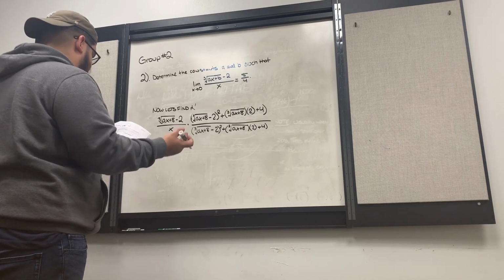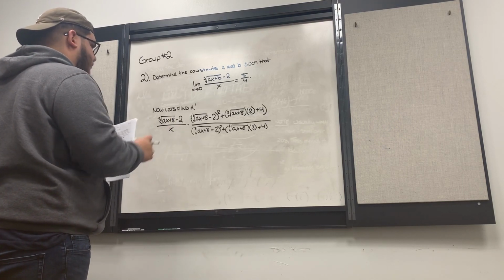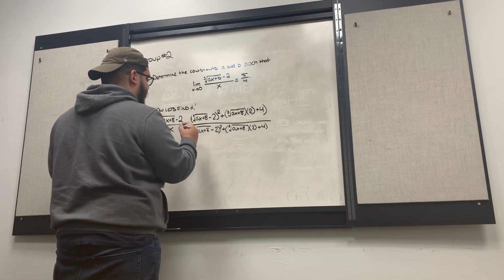All right, so now we're going to multiply this across. So like normal distribution over multiplication.